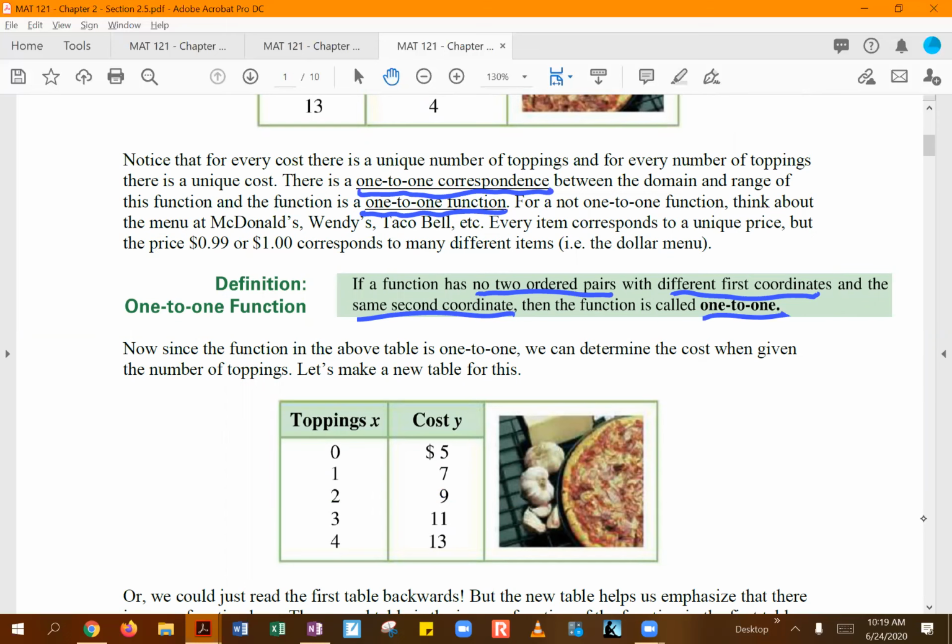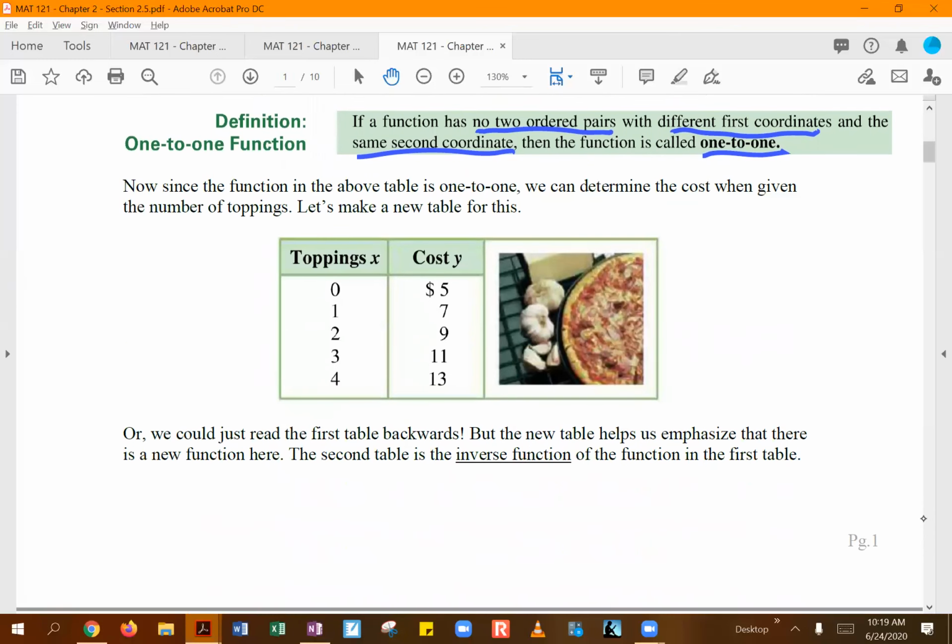For the function definition, we said for the same first coordinate, you could not have two different second coordinates, which means for the same x value, we could not have two different y values. What this one here is saying, for the same y value, we cannot have two different x values. So it's definitely switching that order on us here.